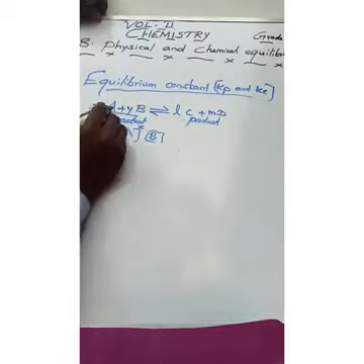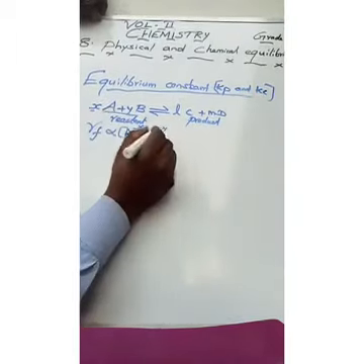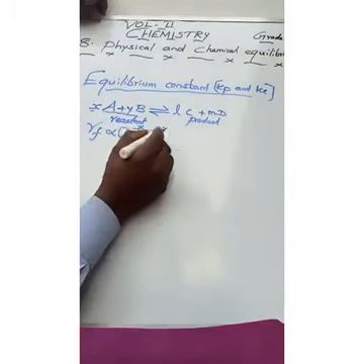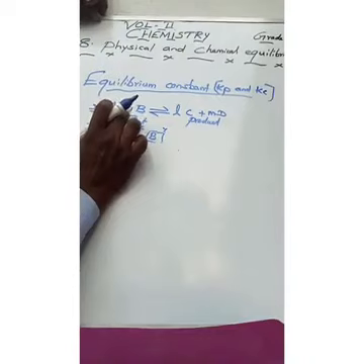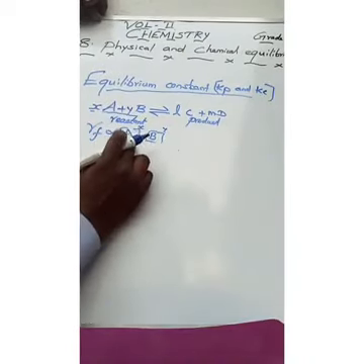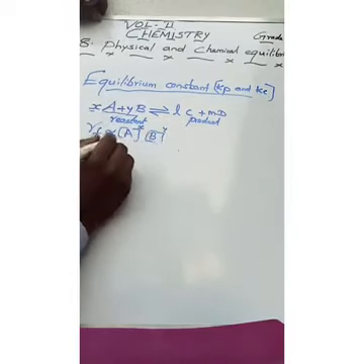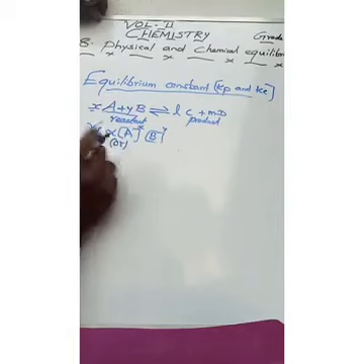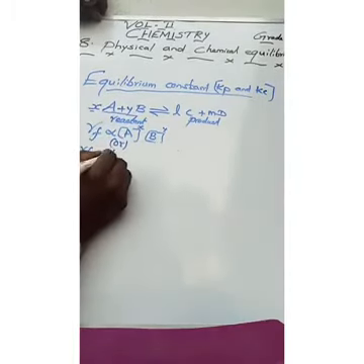Here x is the coefficient of A and y is the coefficient of B. So RF is directly proportional to active mass of A power x, active mass of B power y.